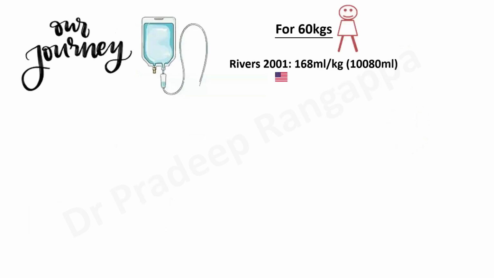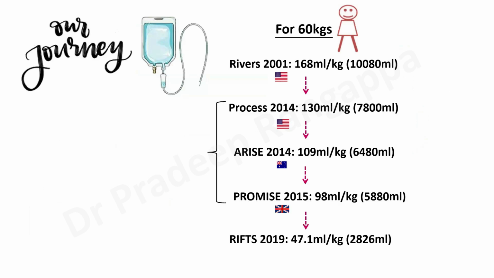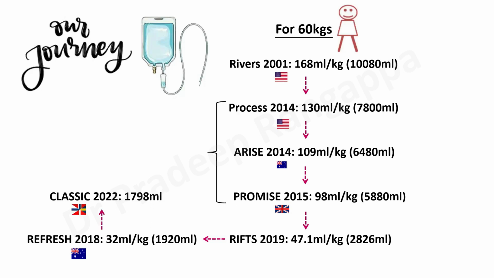Looking at our journey for a 60 kg patient, the conservative fluids used in the trials: in PROCESS 130, ARISE 109, PROMISE 98, RIFS 47. You can see how restrictive fluids are coming down from 130 to 32 ml per kg in REFRESH. CLASSIC used a total of 1798, and CLOVERS 1200. So we are coming down and down.